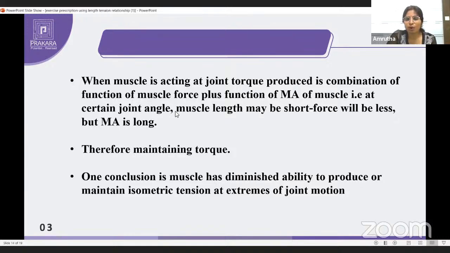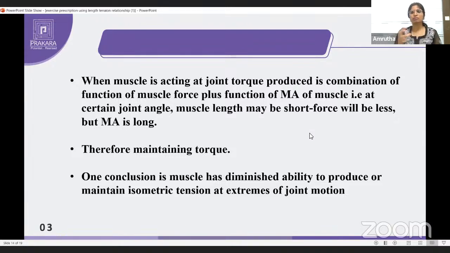So there is a point which we mentioned in the previous webinar, that when a muscle is acting at a joint, at a certain joint angle, muscle length may be short, force will also be short, but moment arm is long.